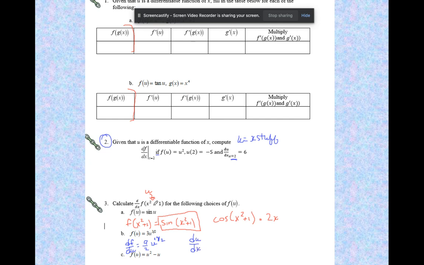And remember from the beginning, u, what they want me to put into f, is x squared plus 1. Cancel, multiply, and I end up with 9/2 u to the 1/2 times 2x. Simplify that, replace u.